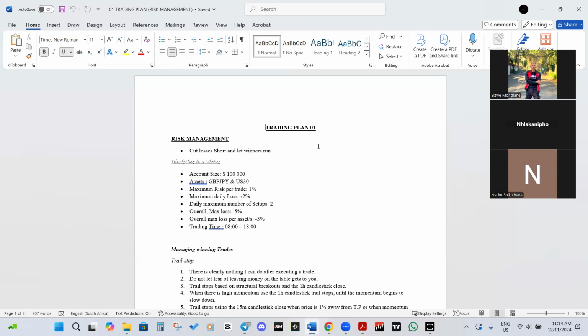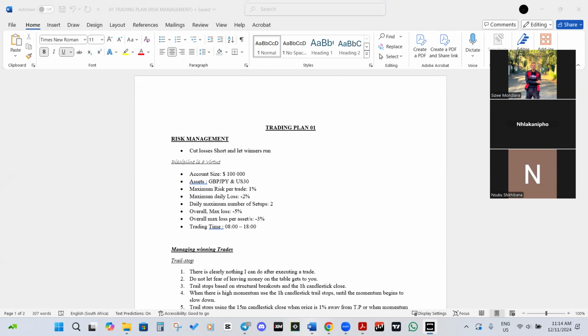Do you know anything about risk management? Do you know what it is and what it involves? From my knowledge, risk management is that, let's say on a trade, you must lose about 1%. Let's say for a $100 account, you lose at least about $10.